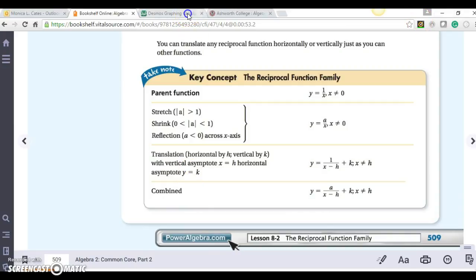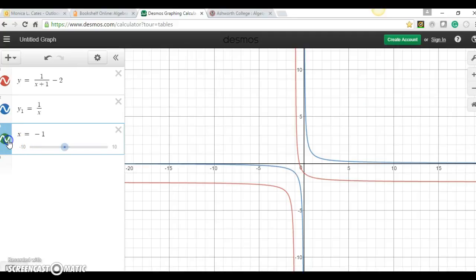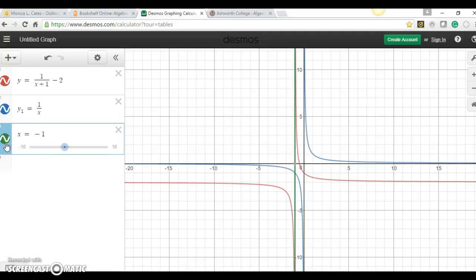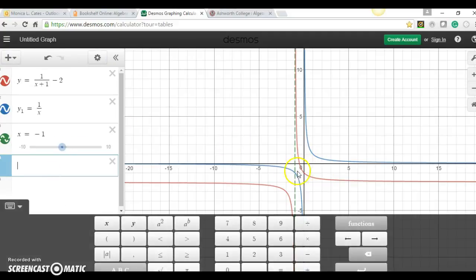So I'm going to put that in my graphing calculator so I know where it is. x equals negative 1. And I'm going to change the way it looks, instead of a line, I'm going to edit it with dots. There. And we see here for my red, it kind of messes up my blue, but as you see for the red, it gets closer and closer to it, but it doesn't touch it.